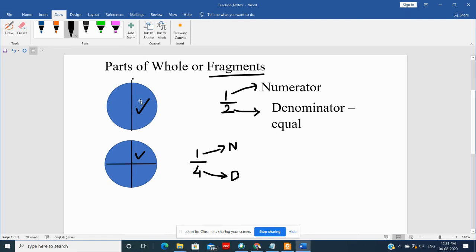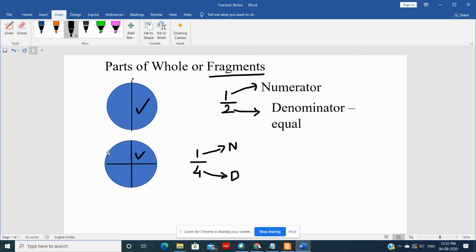Remember, these are 2 equal parts. Remember, these are 4 equal parts. So with equal parts only we can write fractions. With unequal parts we cannot write fractions.